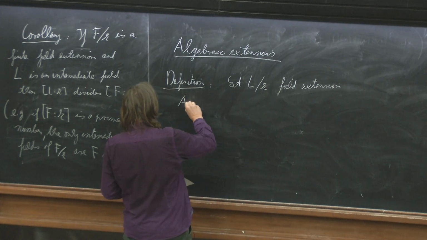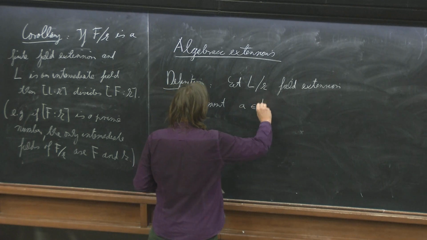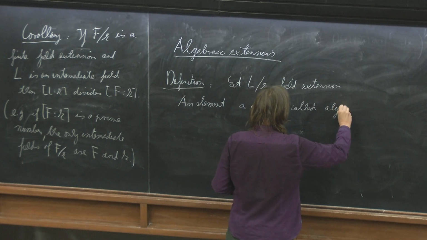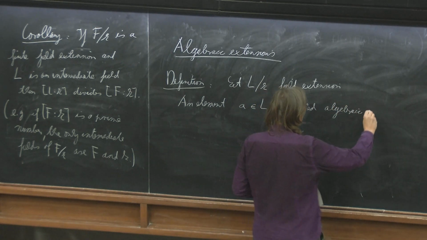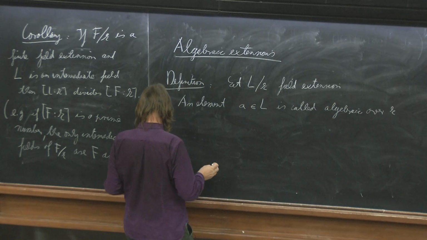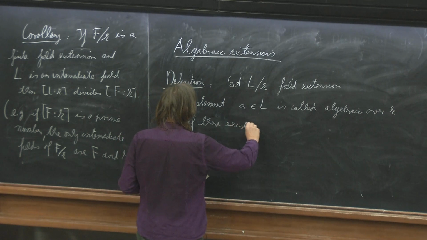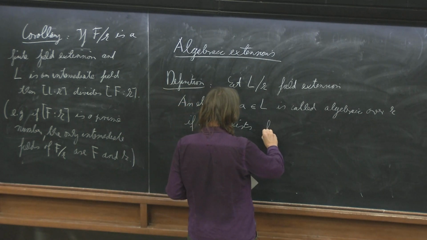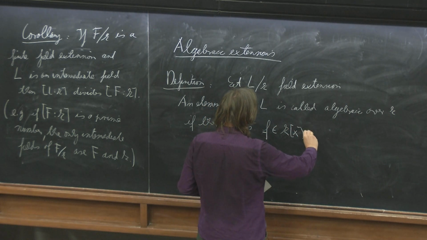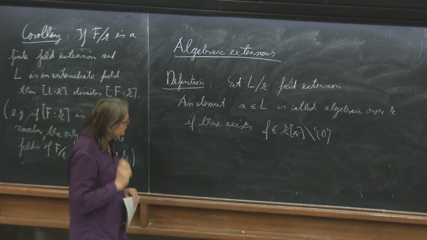So an element, say a in L, is called algebraic over K if there's a polynomial, say f, with coefficients in the smaller field, which is not just the zero polynomial, such that it vanishes at a.